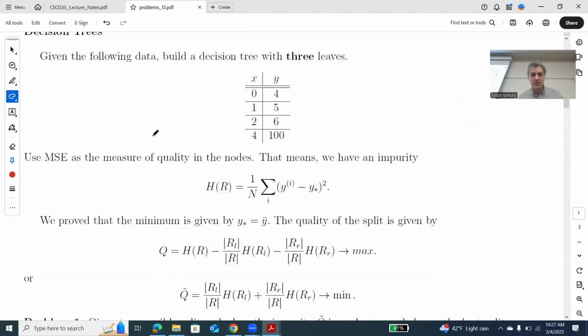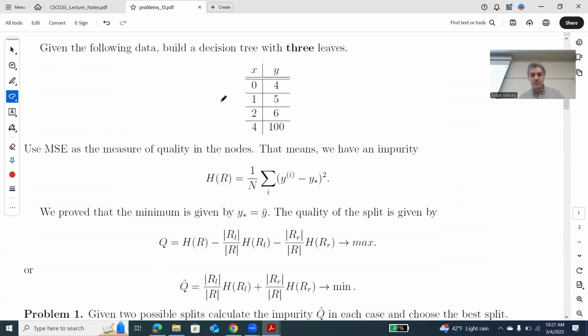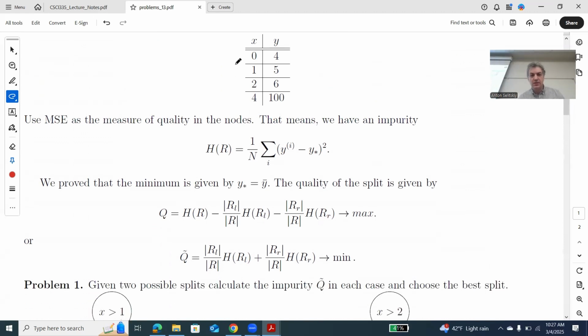Now, what is the data? The data is here, 4 points. And there are 3 possible thresholds, but with maybe one more example, you actually will understand just by looking at the data which threshold is better.